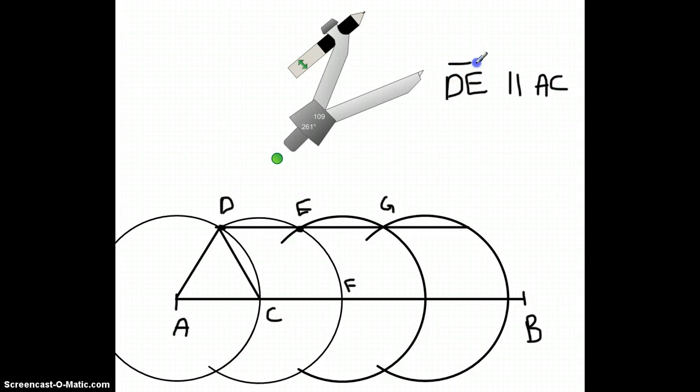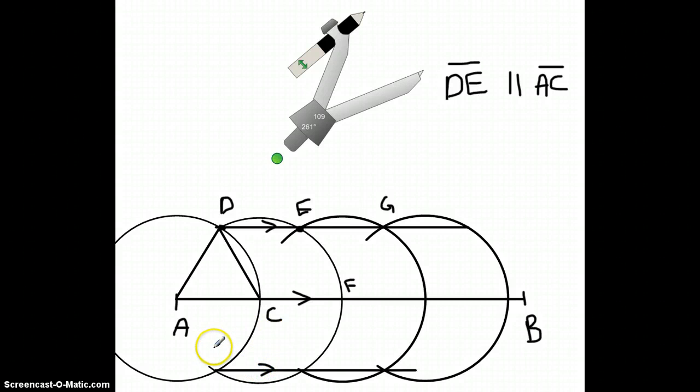Now, when we're writing these, we use 2 parallel lines in order to indicate that they're parallel, and when we're drawing them, we put 2 arrows on them to indicate these 2 lines are parallel. The neat part about this process is if you've extended this, we've actually created two sets of parallel lines where we could also join these two lines, in which case this line would also be parallel.